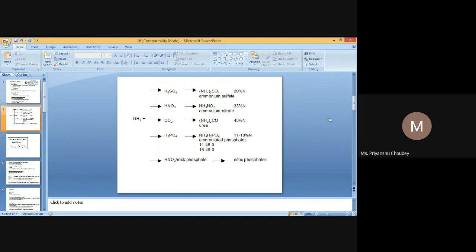Soil horizons are of two types: genetic horizons and diagnostic horizons.